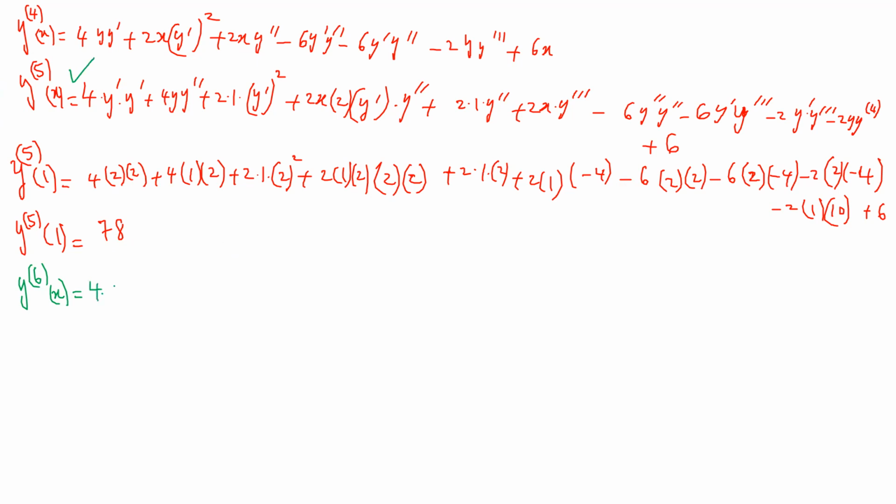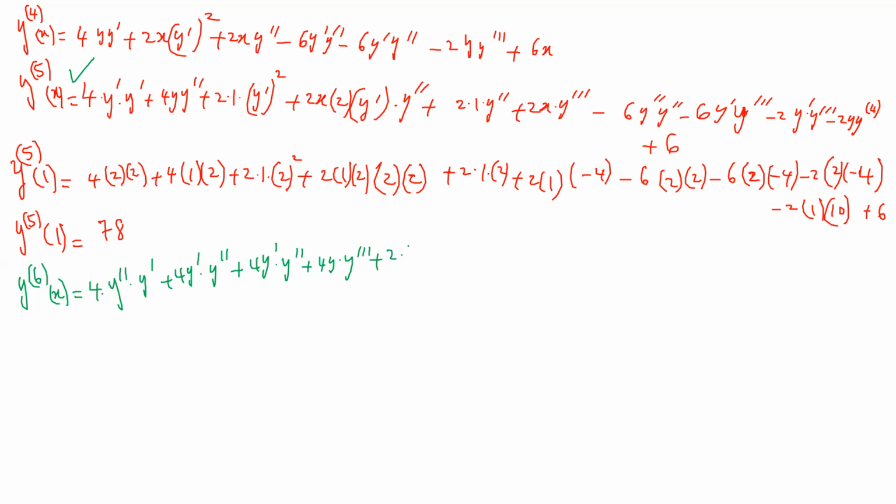So it's going to be 4. The derivative of y primed is y double primed. y primed plus 4y primed y double primed plus 4y primed y double primed. You keep 4y constant, you differentiate the double prime, it becomes a triple prime.